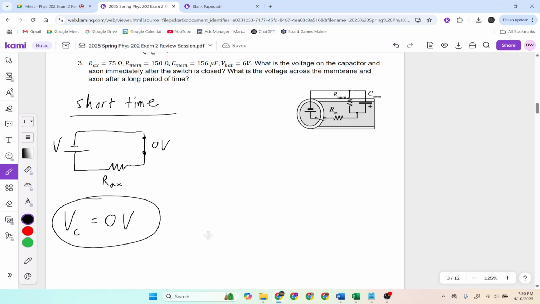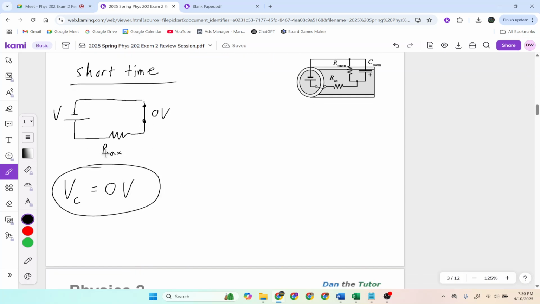And so then if I want to find the voltage in the axon resistor, it's going to have all the voltage because there's a battery and then one resistor. So that resistor gets all 6 volts. V axon equals 6 volts. Not bad at all.